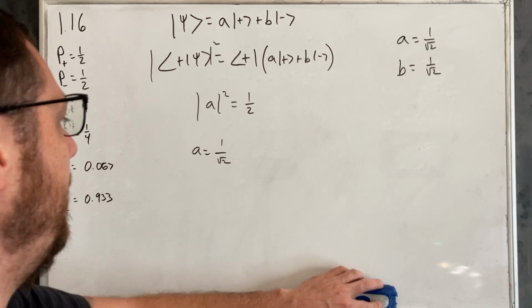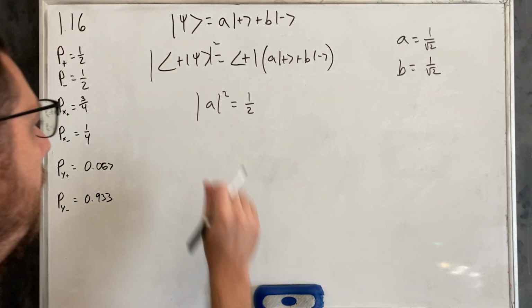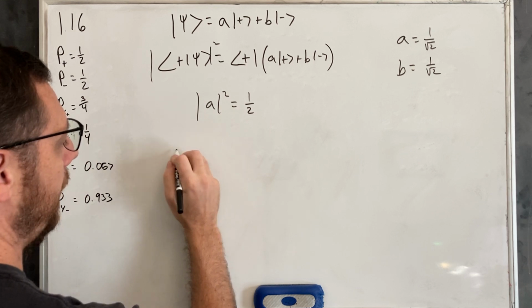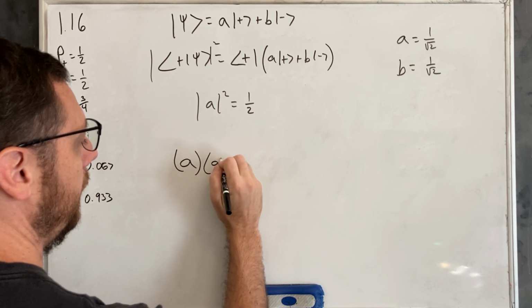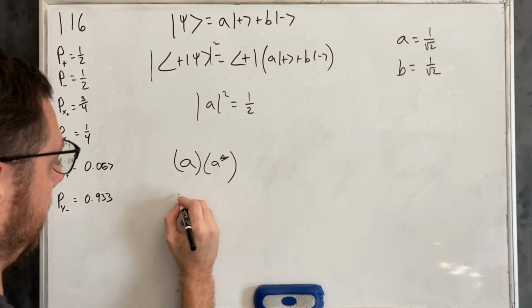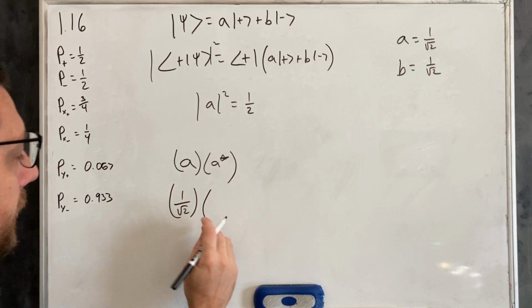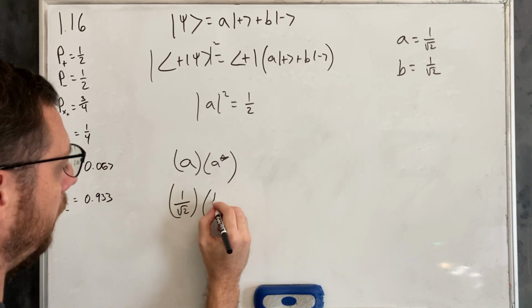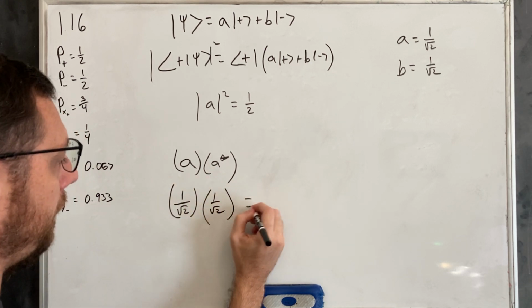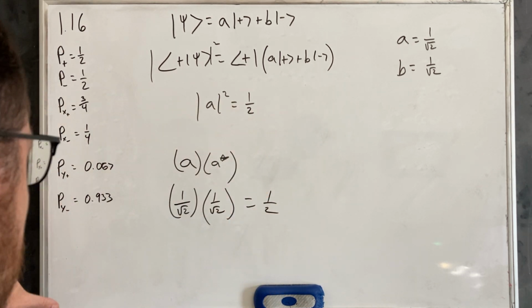Well, remember that A can be complex. So A squared is really A times A star. And if A is 1/√2, like we claimed, times the complex conjugate, which is still 1/√2, then that does indeed equal 1/2. I didn't lie to you there. Everything is fine there.